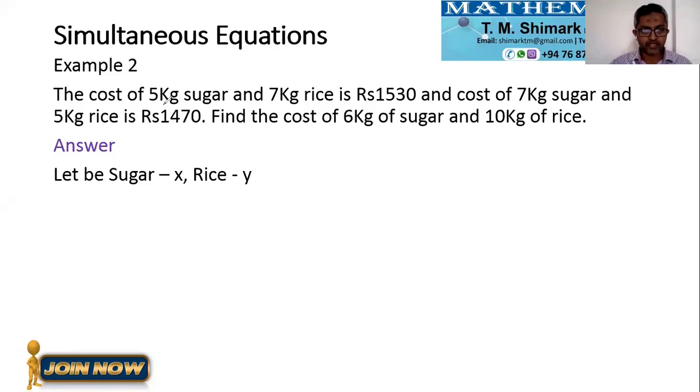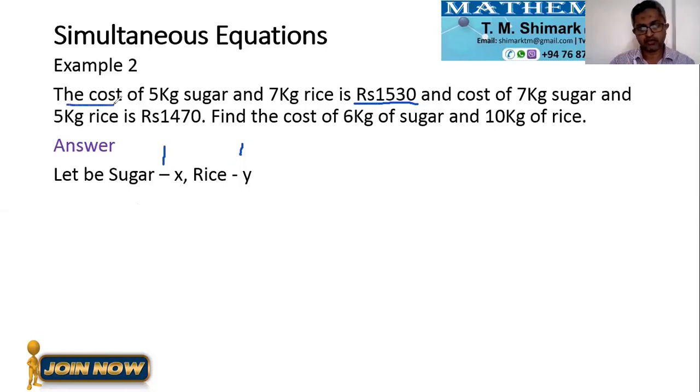Cost of 5 kg sugar. I'm taking the price as x for sugar, and rice as y, the price, because we need to find out x and y. So two things are there. Concentrate on what I have to take: is it the price or the weight?